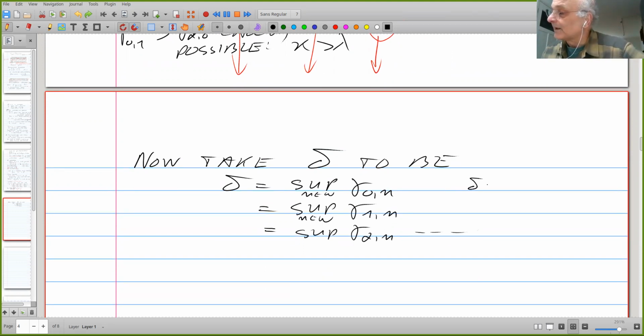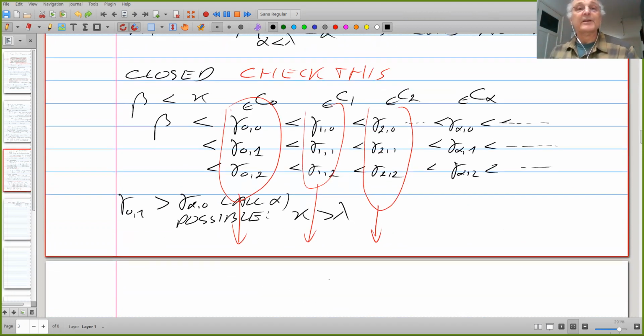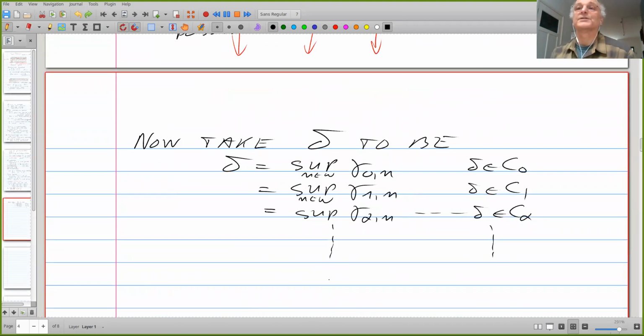So delta belongs to C0, delta belongs to C1, delta belongs to C alpha. And there you have it. We have delta way bigger than beta, and delta belongs to the full intersection of the C alphas. And there we have our closed unbounded sets.